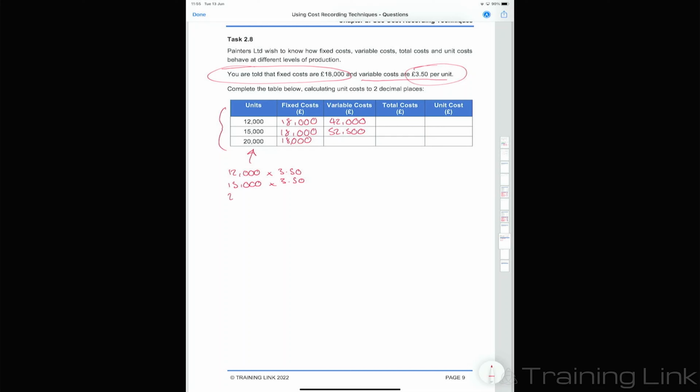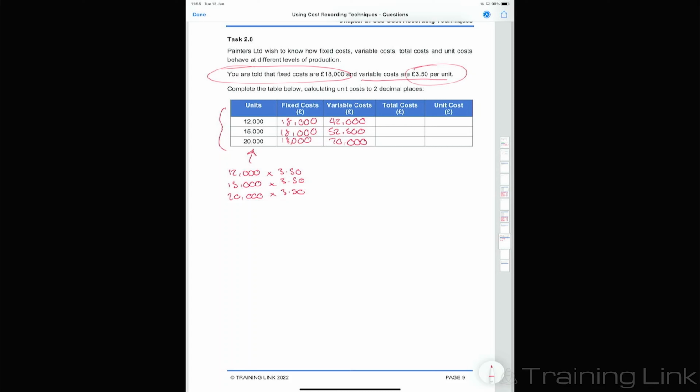And then lastly, 20,000 units times £3.50 should give you 70,000 there. Okay, so you can see total fixed costs are the same, but obviously the total variable cost increases the more units are produced.